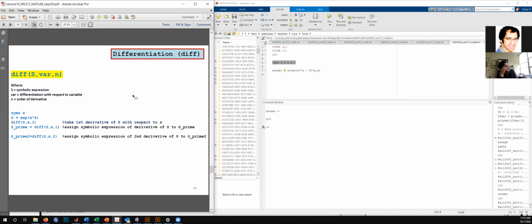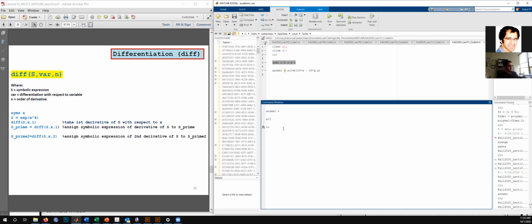Okay, so the next thing that I wanted to do is still stay in the symbolic world, we are still not dealing with numbers, but how to take derivatives in the symbolic world. So for example, suppose we want to take derivative of x squared plus 1, okay?